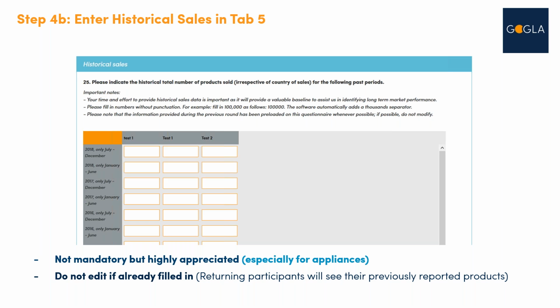For this last question, also because it's otherwise going to be way too much work, we do not distinguish per country. It will just be on a product level. So it will just be the sum of all the products that have been sold by you. We especially would love to know this on the appliance side. So we really welcome the companies to fill in historical sales to kind of give us a bit more of a historical overview of the market.